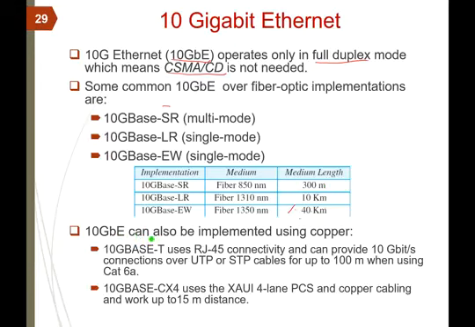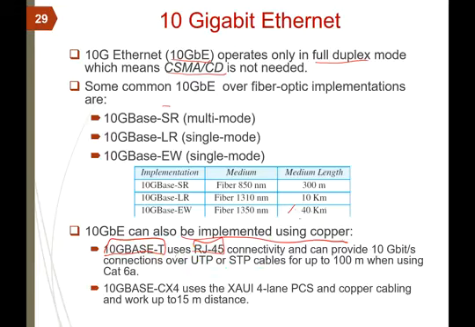10 gigabit Ethernet can also be implemented using copper. The next promising standard is 10G base T, which uses the same RJ45 connectivity and can provide 10 gigabit per second. Of course, this standard is still not very common because of some power issues.